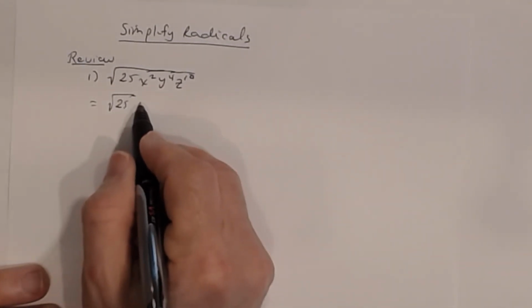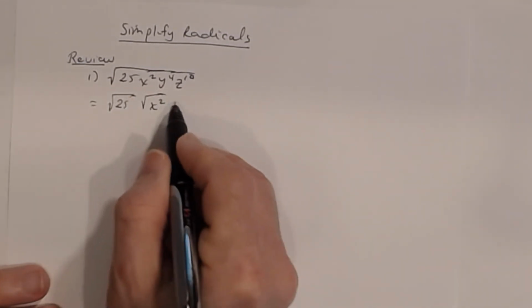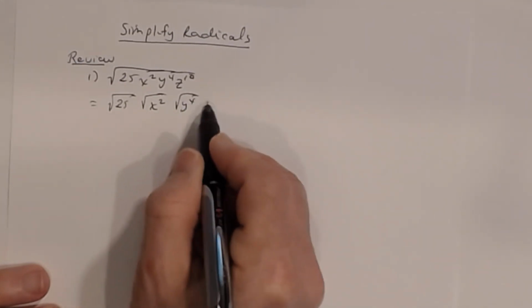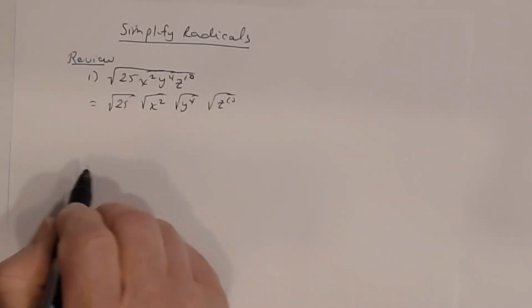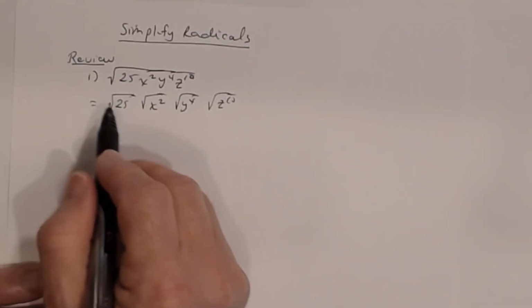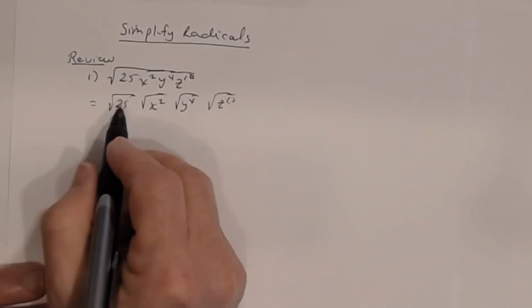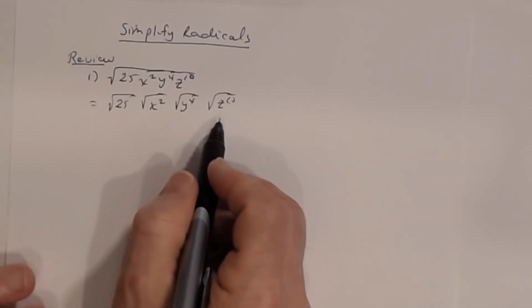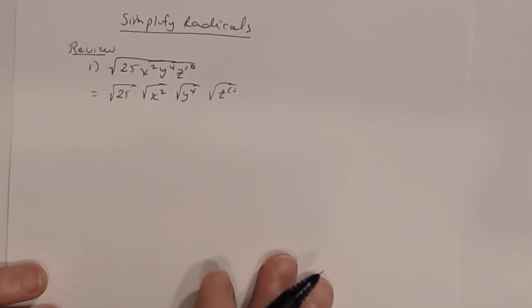So the square root of 25, square root of x squared, square root of y to the fourth, square root of z to the 10th. I don't expect you to do that for this one because that's too easy, but this is what I'm using, the product rule.